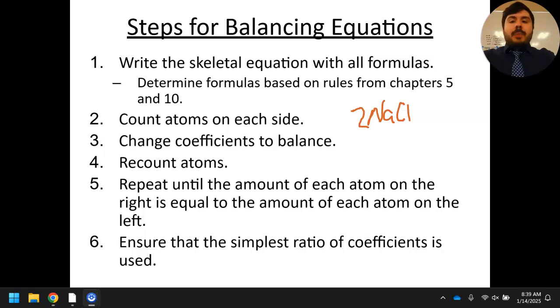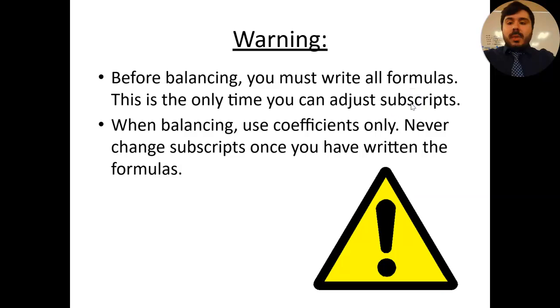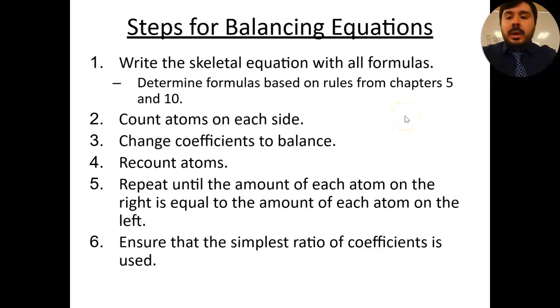What I'm trying to say is this: in step number 3, you are able to change the coefficient to balance each side of our chemical equation. This coefficient out in front can be changed and altered depending on what formula you're looking at and how many atoms of the individual pieces of that formula there are. So that is step number 3.